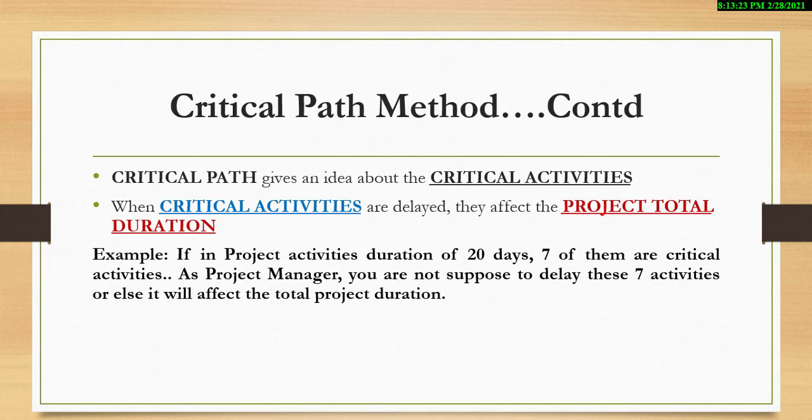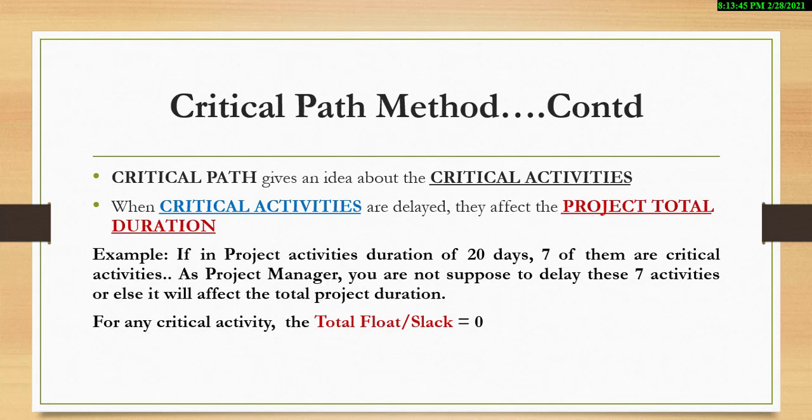So as a project manager, when you delay these 7 activities, what this means is that at the end of the 20 days, you are not going to be able to complete your project. Since you've delayed the critical activities, your project will be extended.